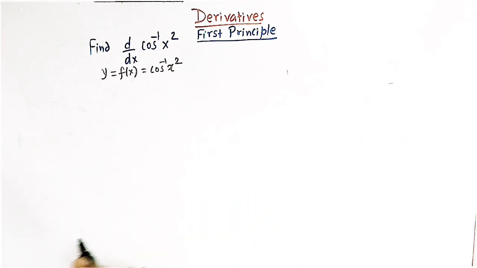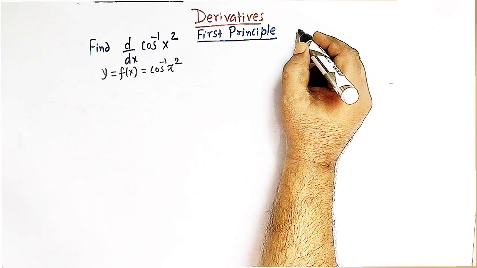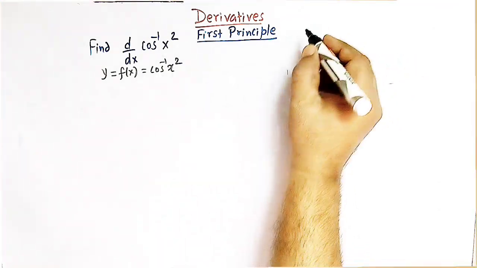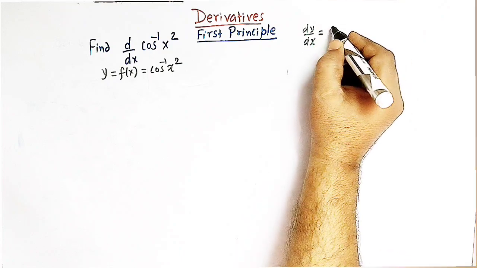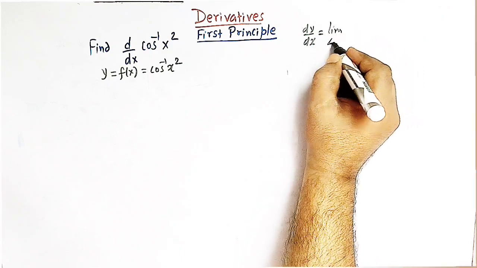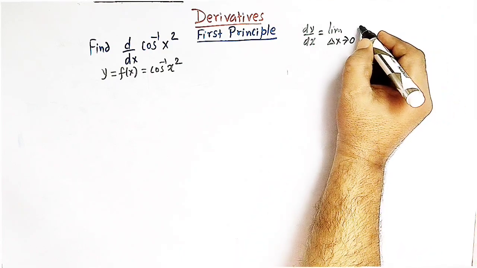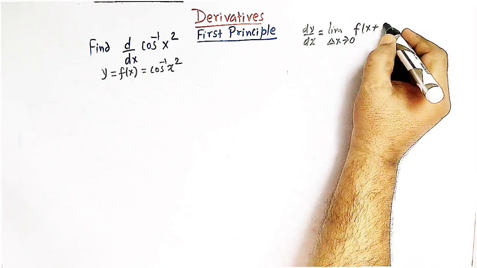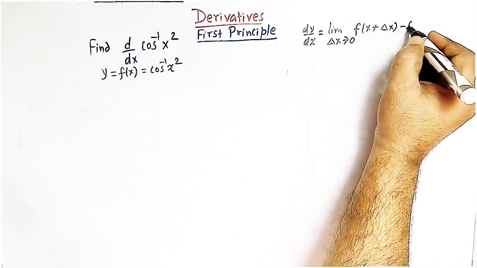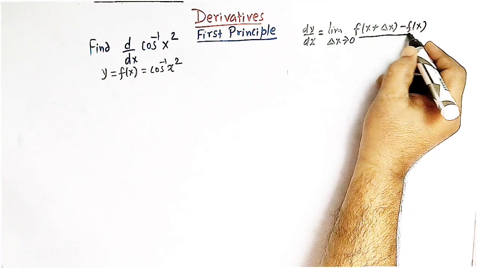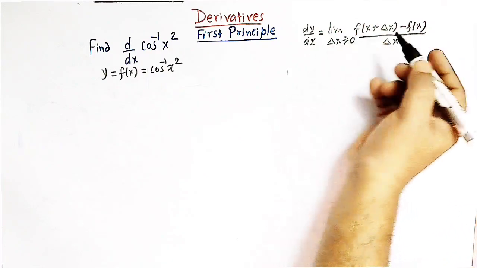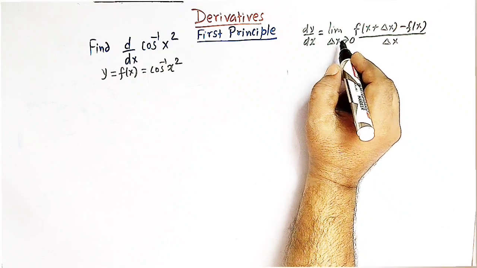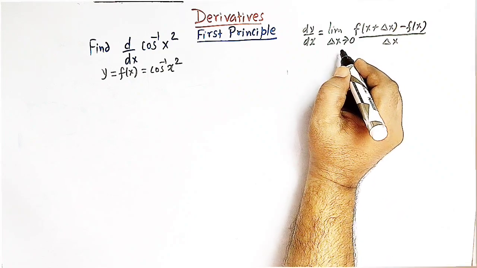And from the definition of first principle, we know that the derivative of a function y with respect to x is given by this limit, that is limit delta x tends to 0, f of x plus delta x minus f of x divided by delta x, right? So here we are using the notation delta x for h, right?